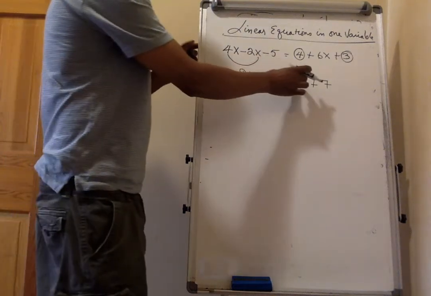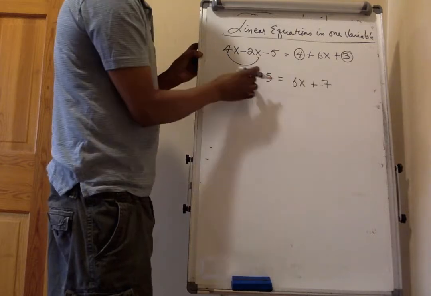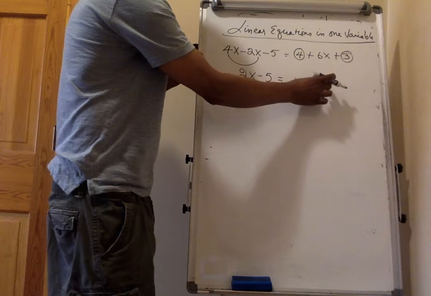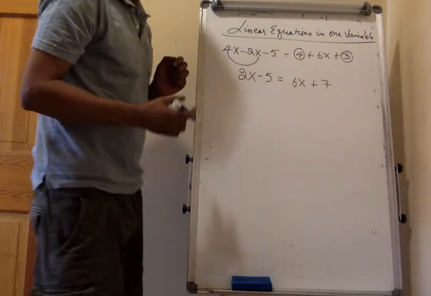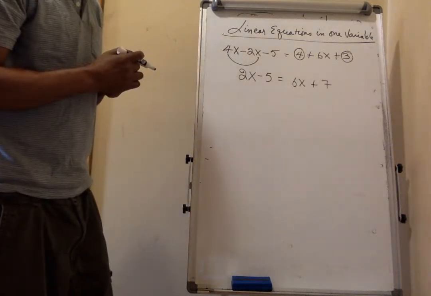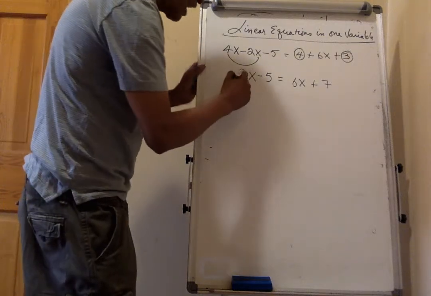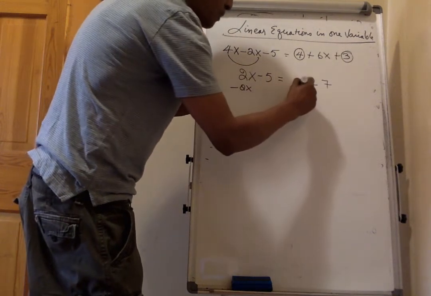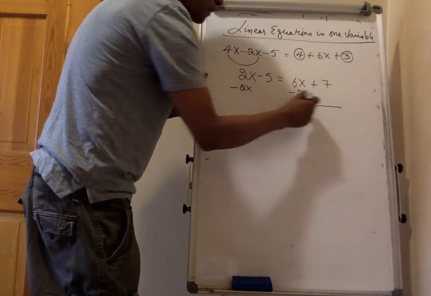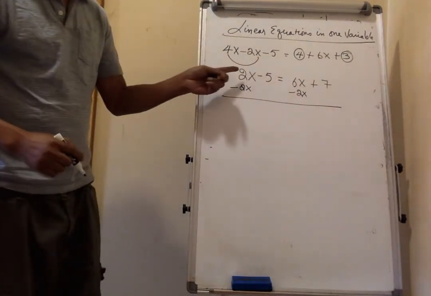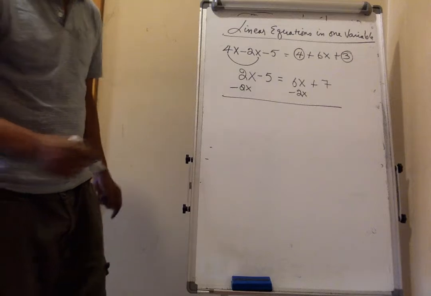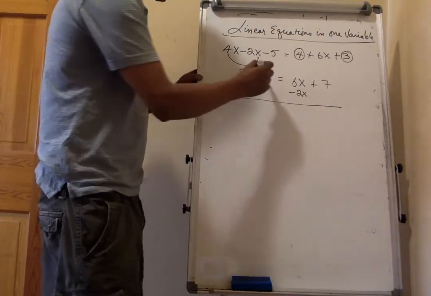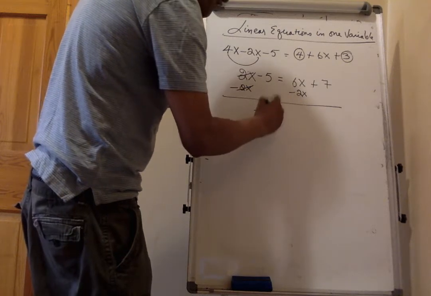Now, your 6x here and your 2x here, you have to bring them together. Your negative 5 and 7 are similar, so you have to bring them together also. So take 2x out. Subtract 2x from both sides. By doing that, you eliminate the x on this side. So 2x minus 2x cancel out, and you have minus 5.